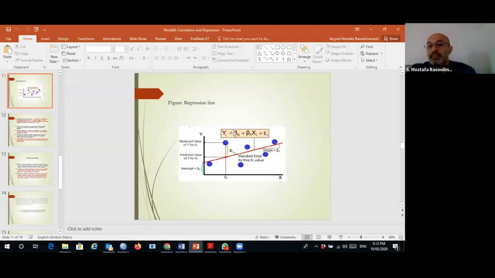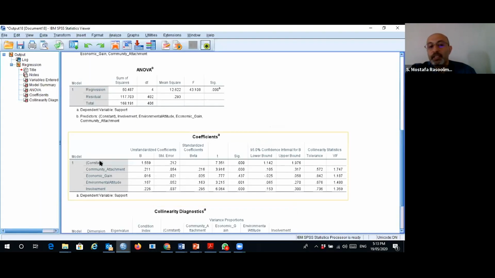This value is beta 0, the intercept in this equation. Actually, this is intercept of this line. When X is 0, what's the value of Y? So this constant value is intercept. Okay, so you have your IV and intercept here.